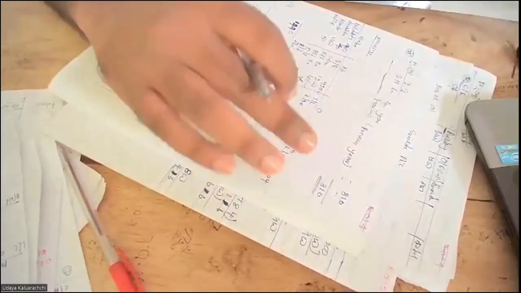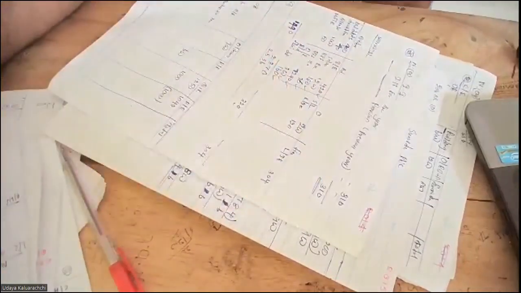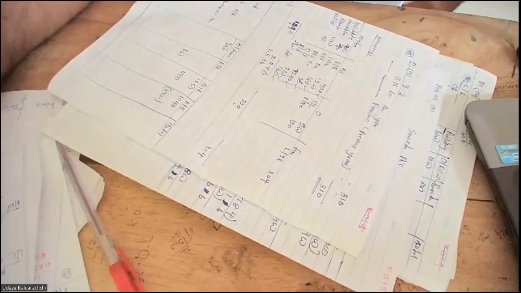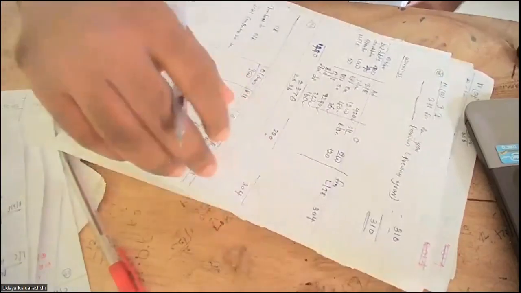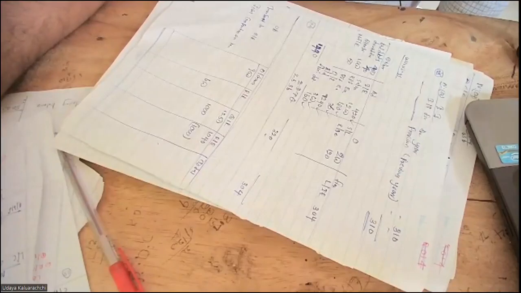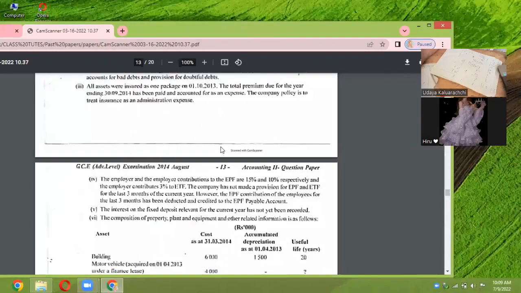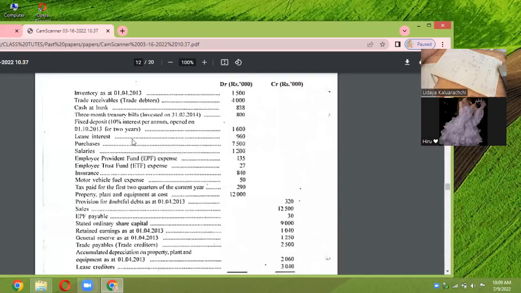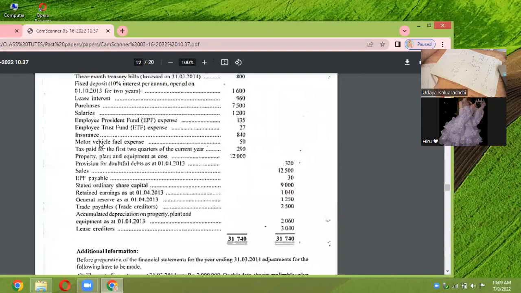Note number 3, income tax note. Then in your trial balance, you have given the amount paid for the first 2 quarters.